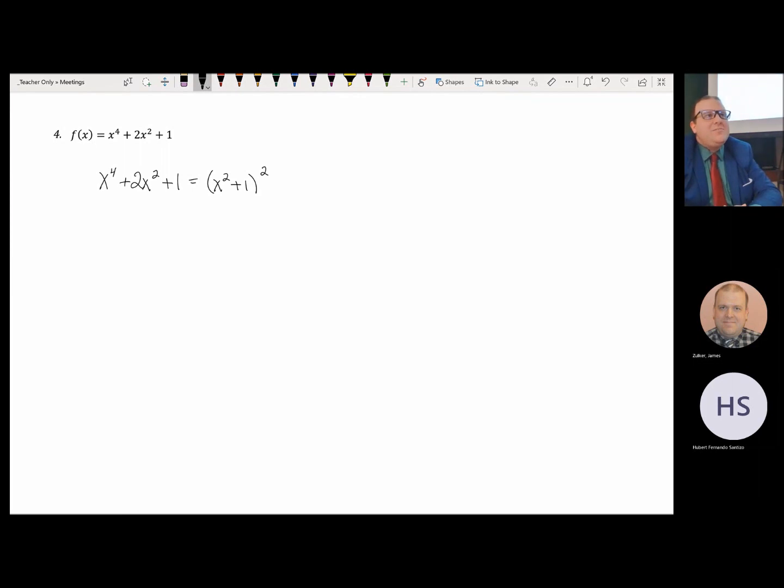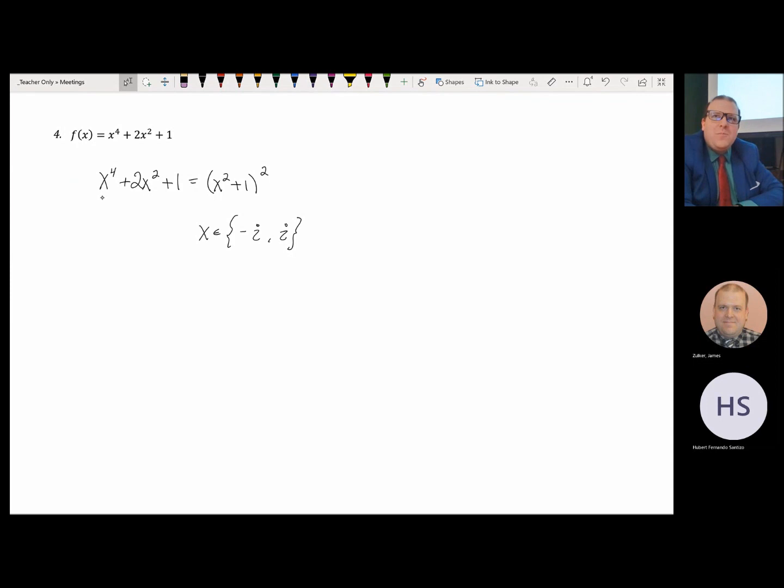So what is x? Plus or minus i. Guess what? You just found all the zeros. Each one happens to be multiplicity 2. How'd that happen? Well, that's math.